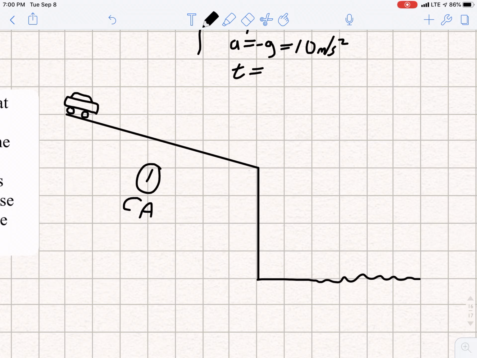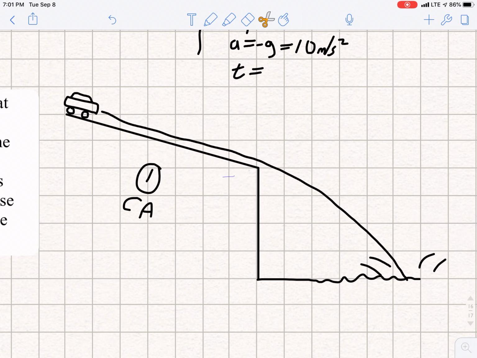And if I were to draw a path that represents the motion, we can see straight line constant acceleration down the incline. Okay, and we're treating the incline as though it were a problem that looked like this.